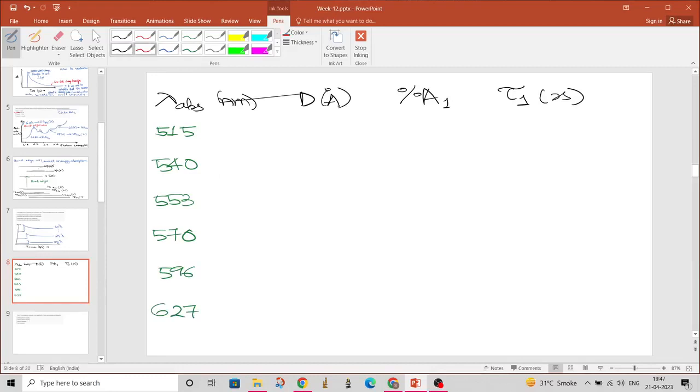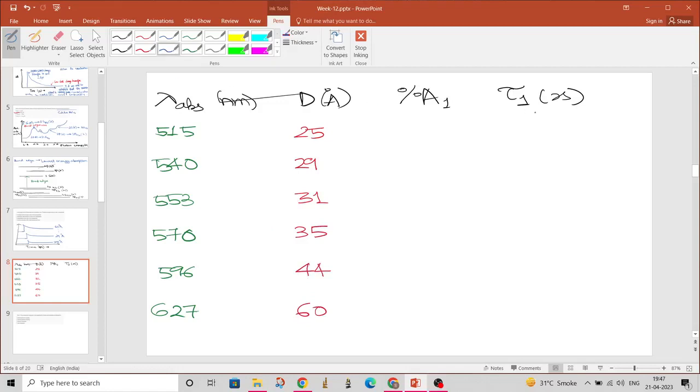And the diameters taken are 25 angstrom, 29 angstrom, 31, 35, 44, 60.